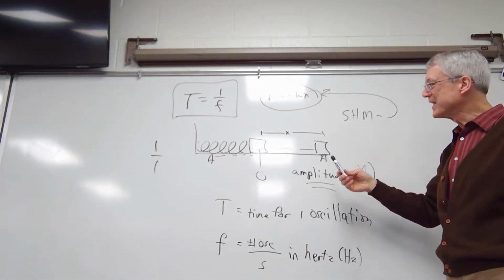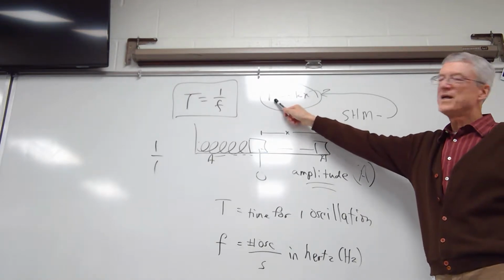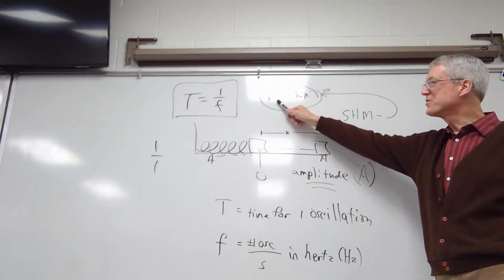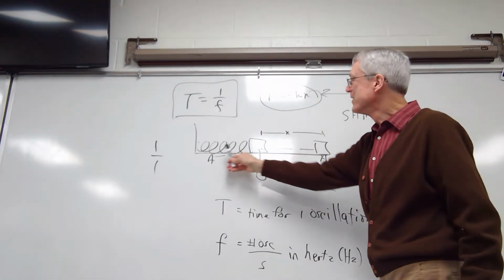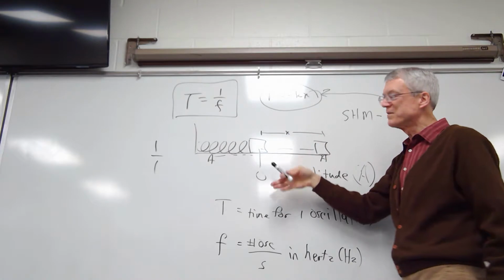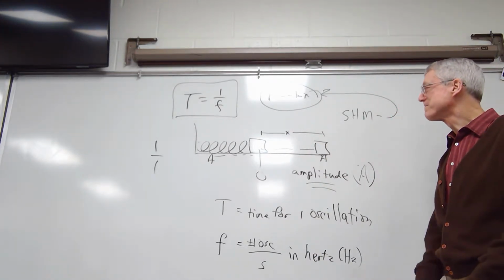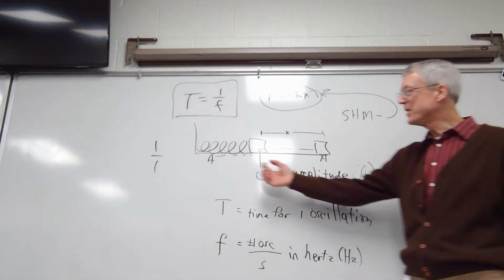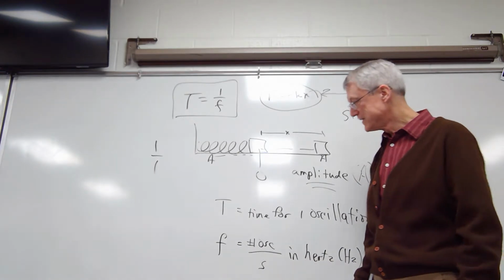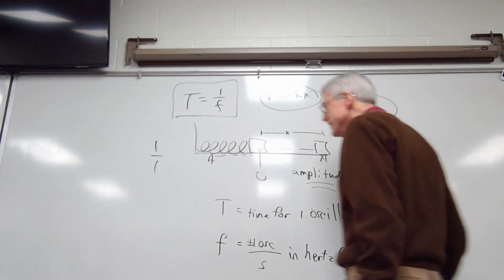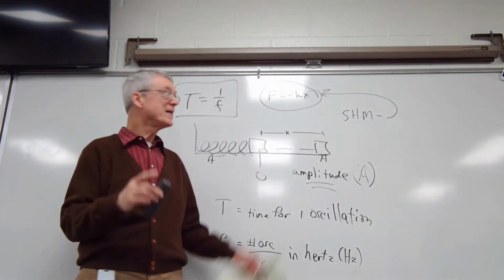But if it is oscillating, it's technically only simple harmonic motion when that's true. That is, the force of the spring is equal to negative kx. If that's true, then that's simple harmonic motion. It's possible to have a messed up spring where that's not true, then technically that's not simple harmonic motion. There are other things that could be vibrating and it may not be simple harmonic motion. That has to be true.